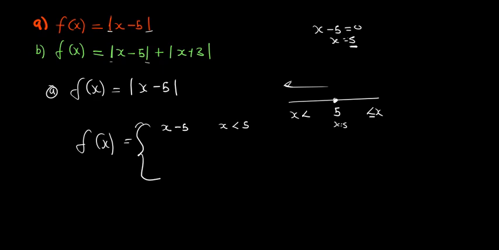I can start like this, or if I want I can start by saying x is equal to or greater than 5. I'm starting this way because of the way I'm displaying the number line: I start from negative, then go to positive. You choose whether you start from here, but I advise you to start from negative, then go to positive.